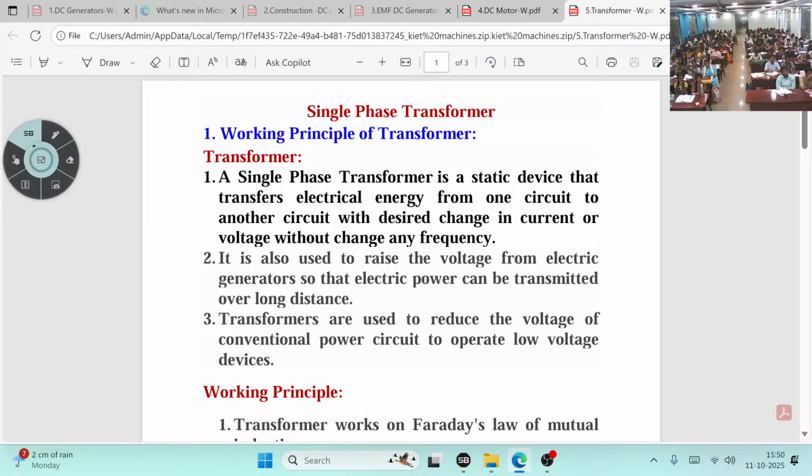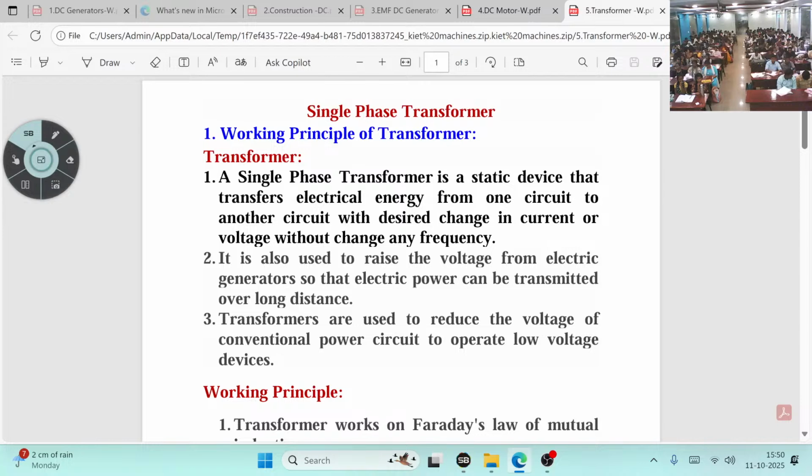First of all, why do we require a transformer? Generally you know the charger. In the charger device we are having a transformer.